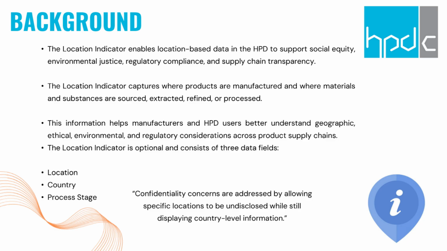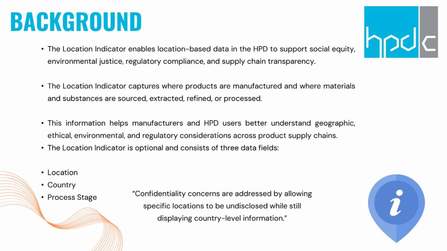The location indicator was created to enable manufacturers to include location-based data within an HPD. This helps support broader goals of social equity, regulatory compliance, and supply chain transparency. It captures where a product is manufactured and where the materials or substances used in that product are sourced, extracted, refined, or processed.